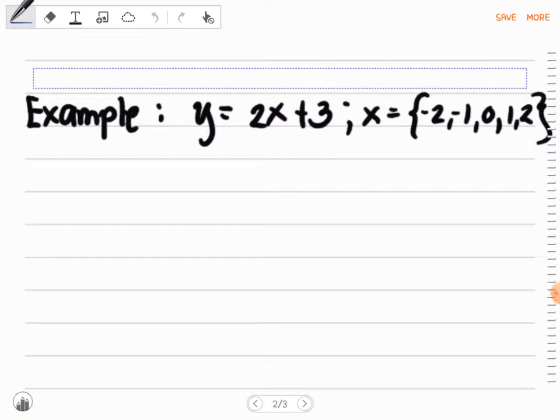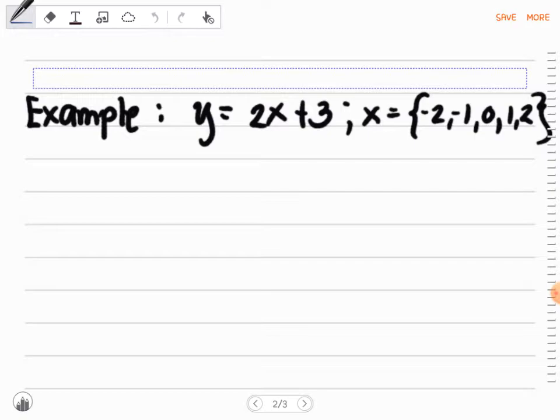So the given is y equals 2x plus 3 such that x is equal to negative 2, negative 1, 0, 1, and 2. If the given is f of x, for instance, you need to change the f of x into y.